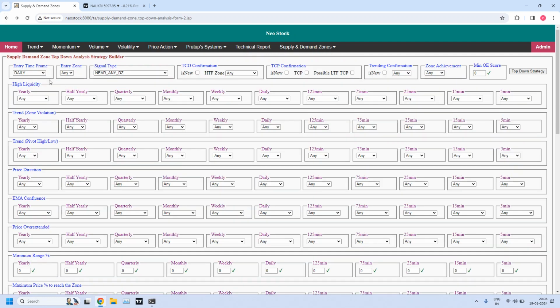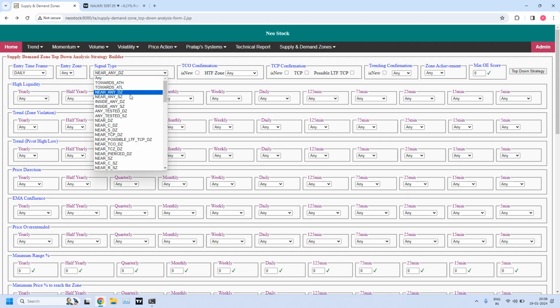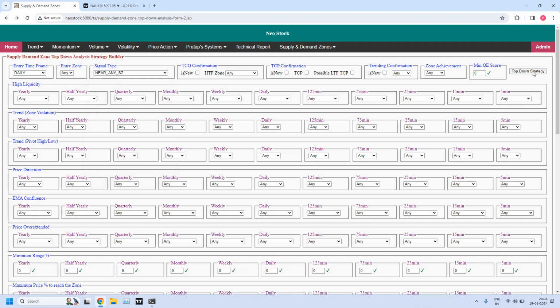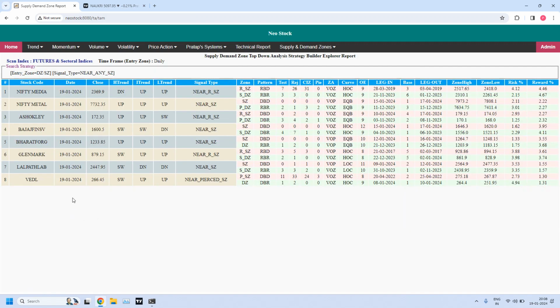So let's go back. Entry time frame is daily. Let us find the stocks near daily supply zone. 8 stocks are filtered. Let us find the high liquidity supply zones. This one is an indices, Nifty Media, so we don't consider.